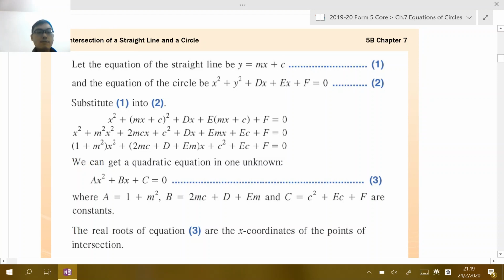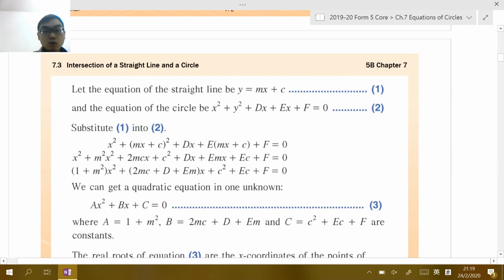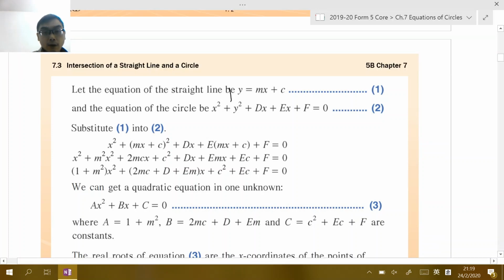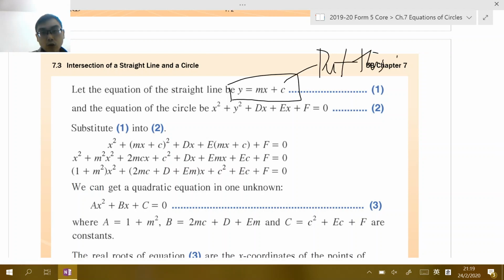Do remember that the straight line should be in linear form, which is degree 1. So we always say you have to put the line into the circle instead of putting the circle into the straight line, because you cannot say x squared can be reduced to x or y, but x or y can be put inside the x squared and y squared, and then you do further simplification.